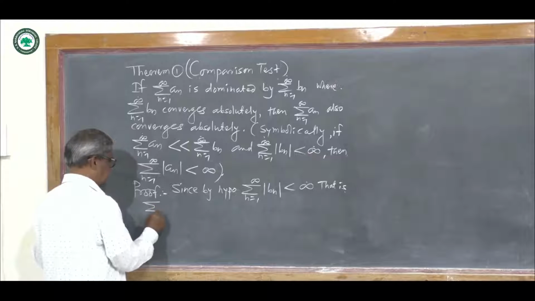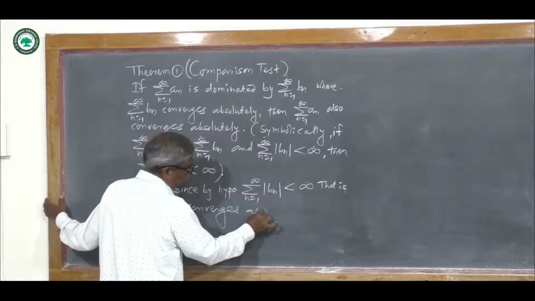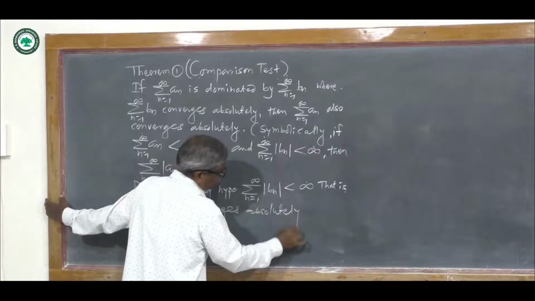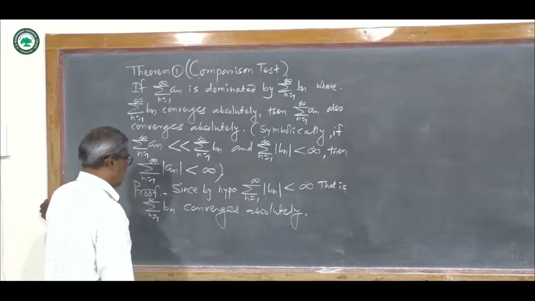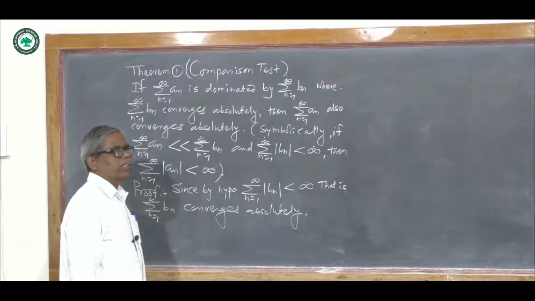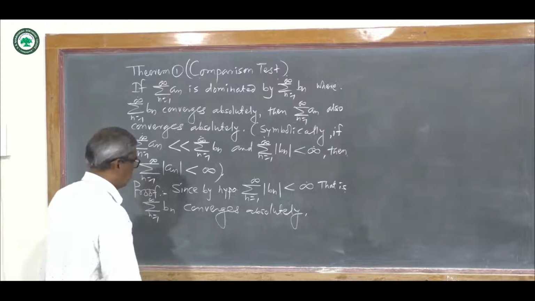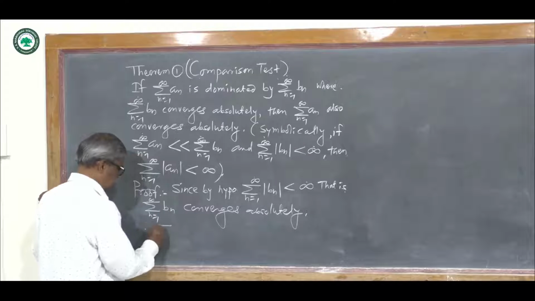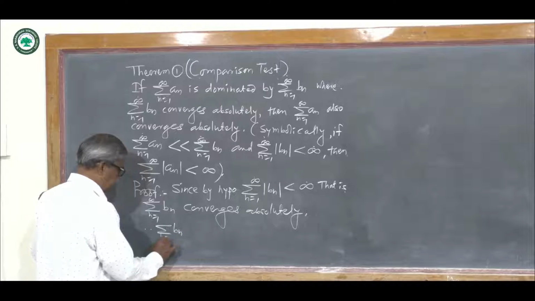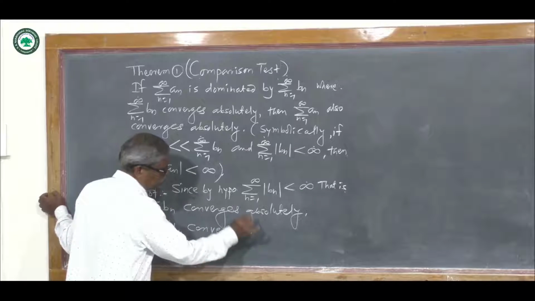Absolute convergence implies convergence, that is theorem number 1 on absolute convergence and conditional convergence. Therefore, sigma bn converges.